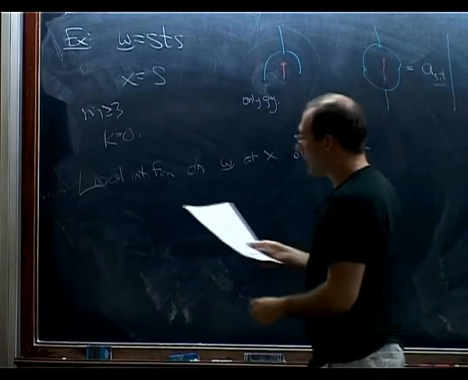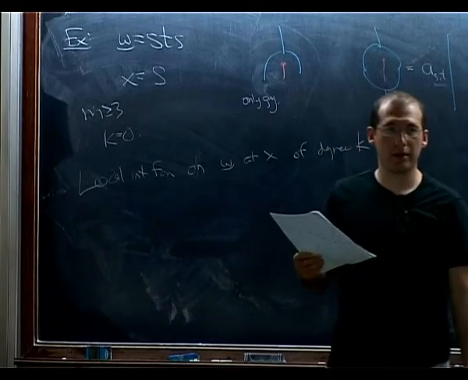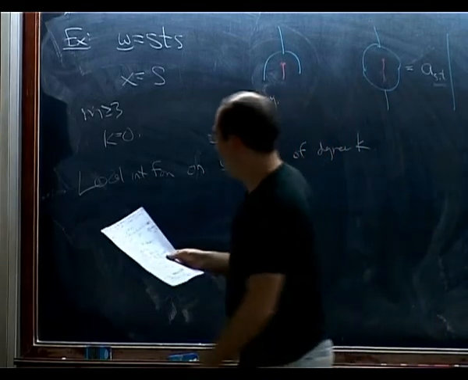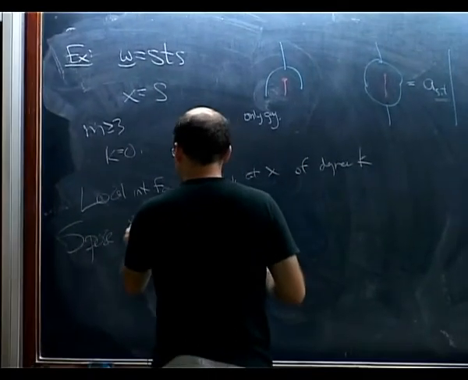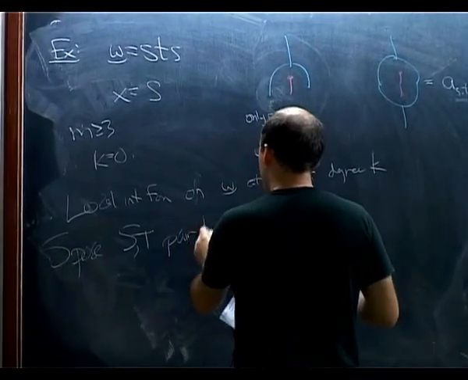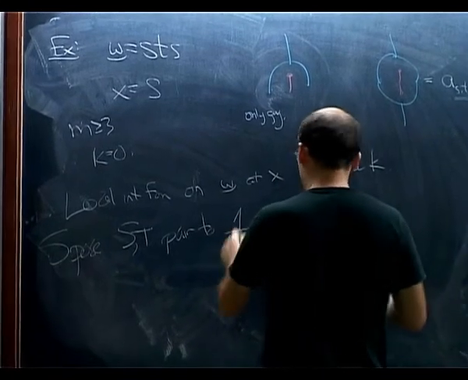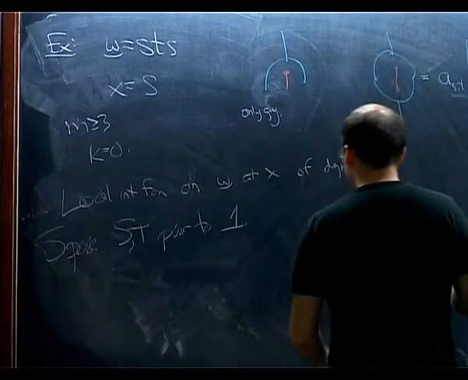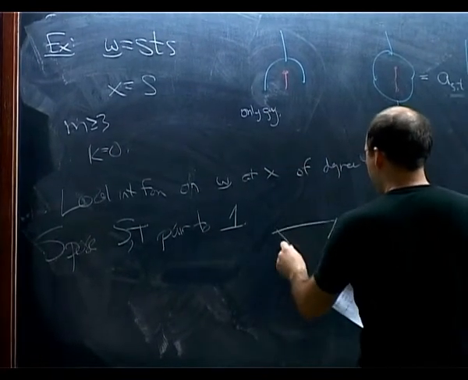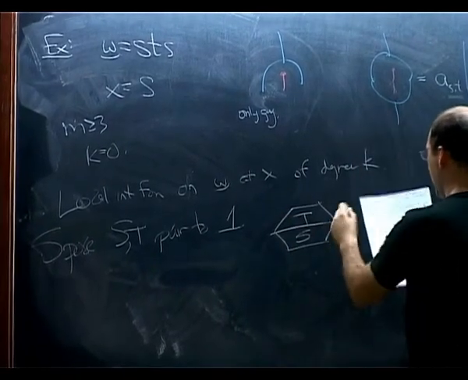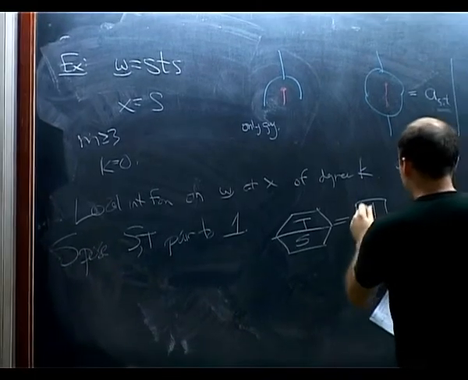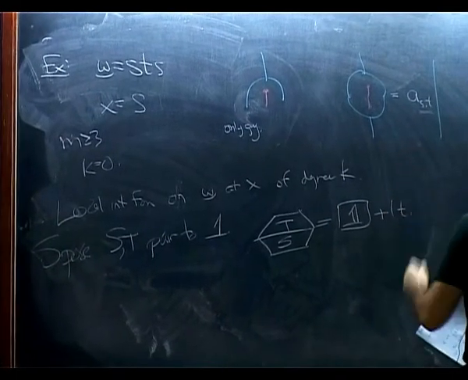Okay. What's the point of having such things? Okay. So suppose that S and T pair to 1, right? Which is to say, I've got some S here, T there, and this composition is the identity plus the lower terms.